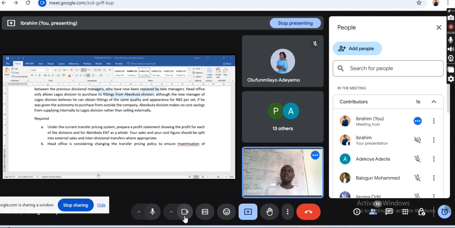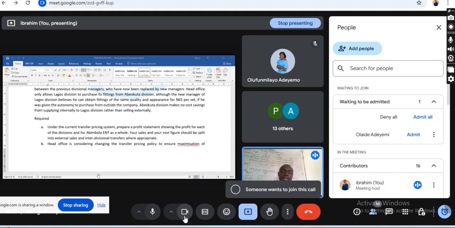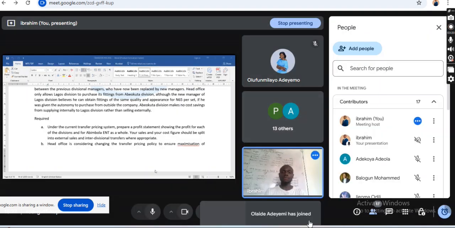Now, if division A sells to division B, that is internal division transfer. That is what we call internal sales, and that will not affect the group because it is an intergroup transaction. So don't forget we have the selling division, and we equally have the buying division.